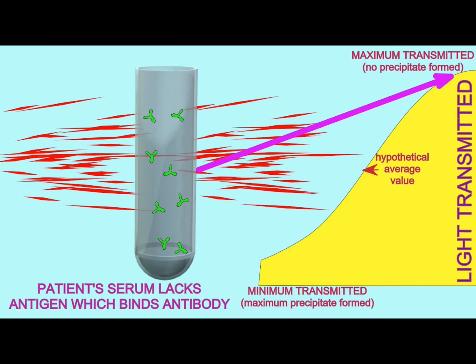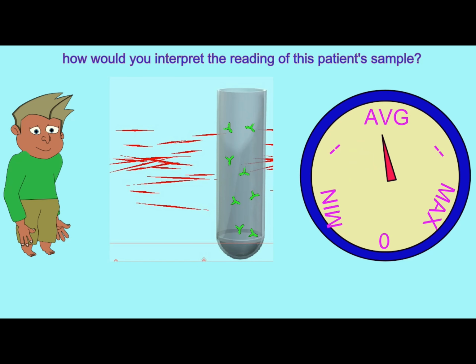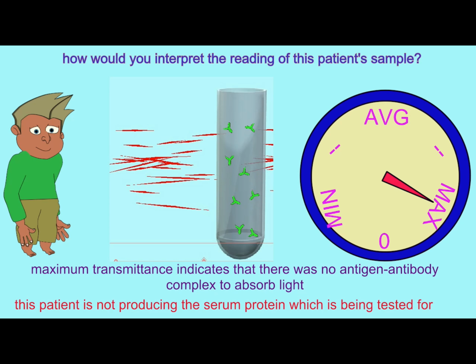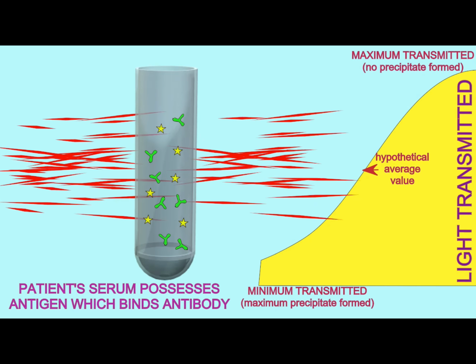blood serum, because it would then vary in its transmittance of light if it is present compared to serum where it is absent.